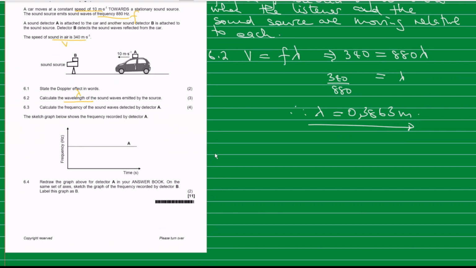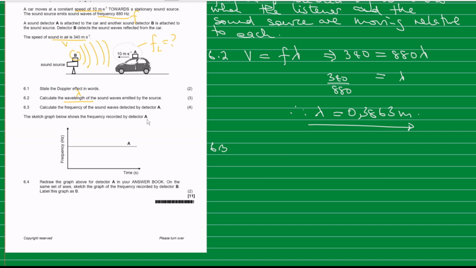6.3 is to calculate the frequency of the sound waves detected by detector A. Now, detector A, remember, we are given that it is acting as our listener. So we are calculating the frequency detected by the listener because it is detecting the sound from B. B is emitting sound and A is detecting that.